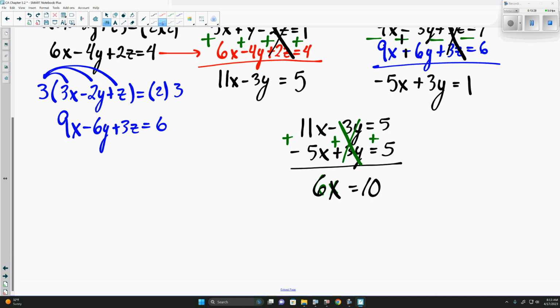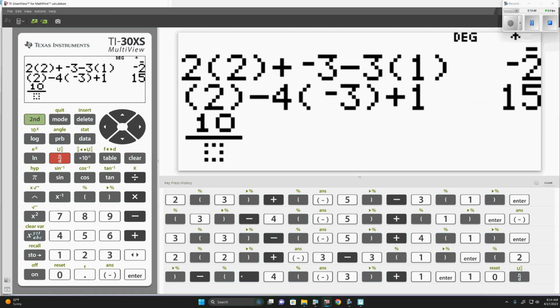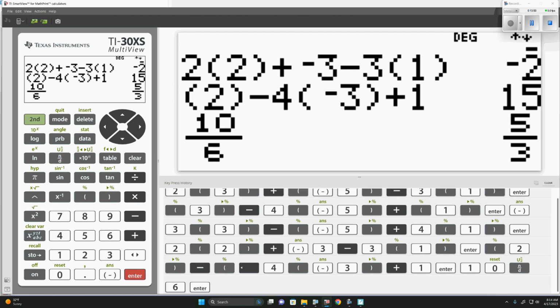And we can solve it by dividing both sides by 6, telling us x is equal to, almost, because it'd be 10 over 6, which is not 5/2. It is 5/3.